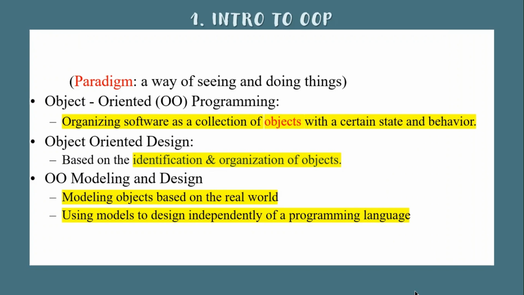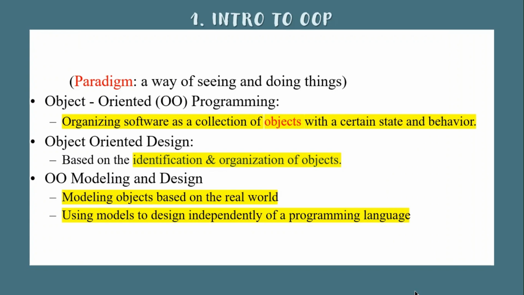Now we'll start our first chapter, Introduction to Object Oriented Programming. So, a paradigm is a way of seeing and doing things. Object oriented programming is organizing software as a collection of objects with a certain state and behavior. Basically, the objects are, as I said, things in the real world, and everything in the real world is presented as an object in the software.